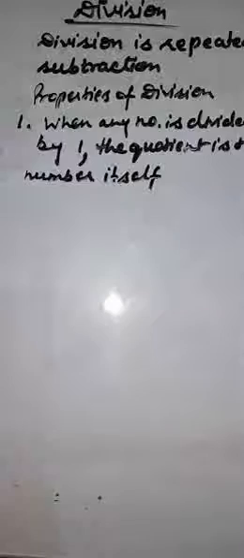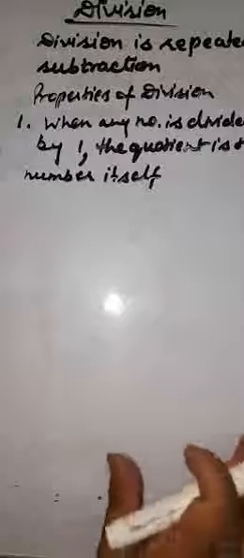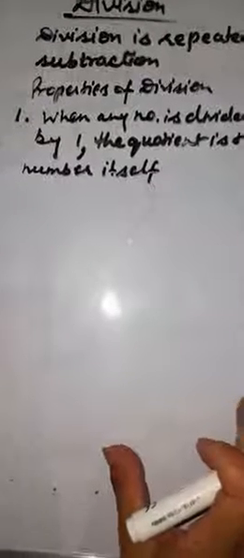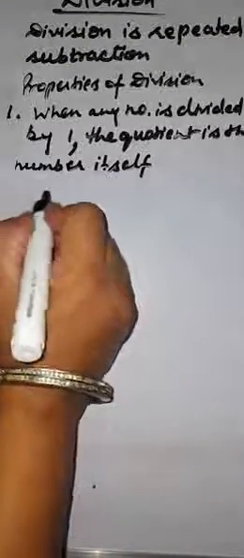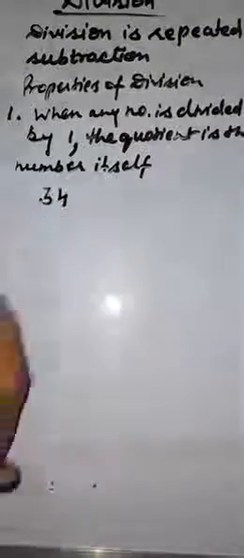Okay, dear children, it means when any number is divided by 1, the quotient is the number itself. Let's take an example. By giving an example, you can understand very well. Let's take 34.